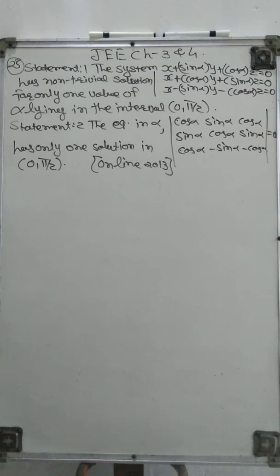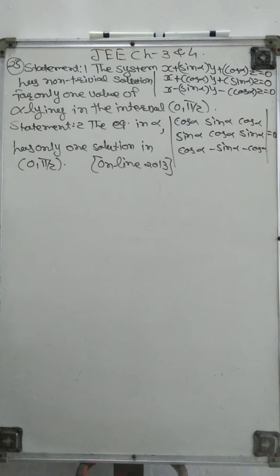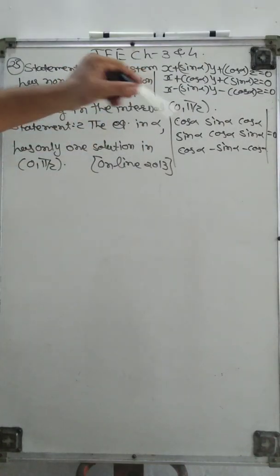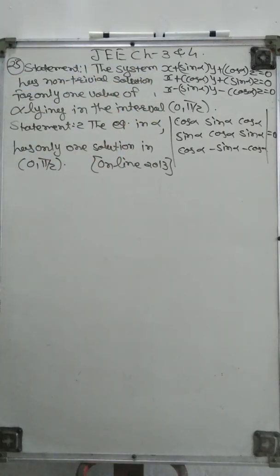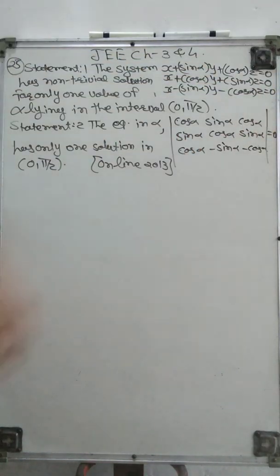Okay, now this sum is very important because here two statements are given and we want to find which statement is true: either both, either one of them, or both are false. The first statement is the system x plus sine alpha y plus cos alpha z equal to 0, x plus cos alpha y plus sine alpha z equal to 0, x minus sine alpha y minus cos alpha z equal to 0.